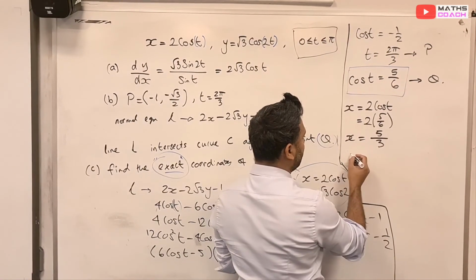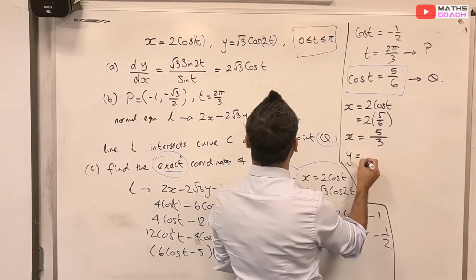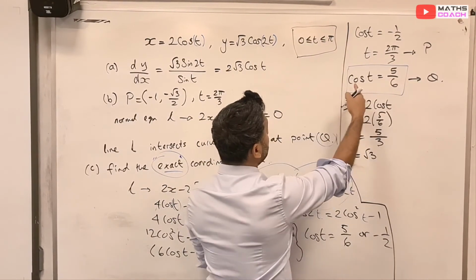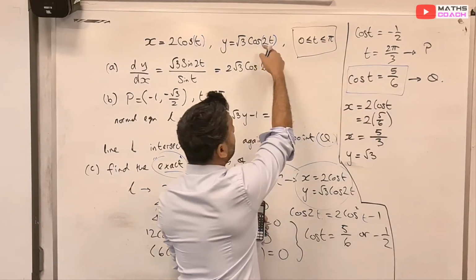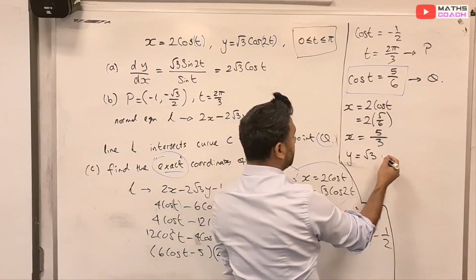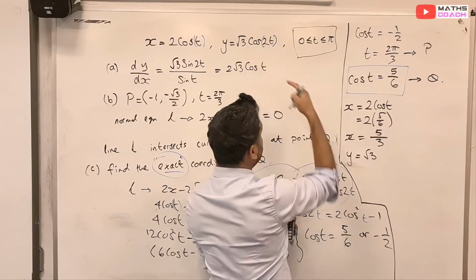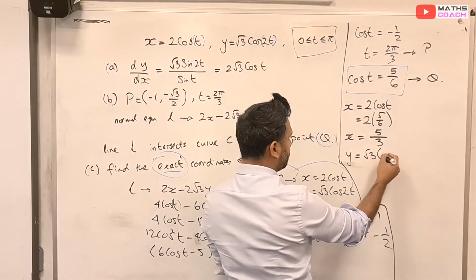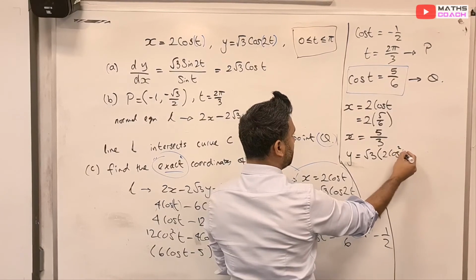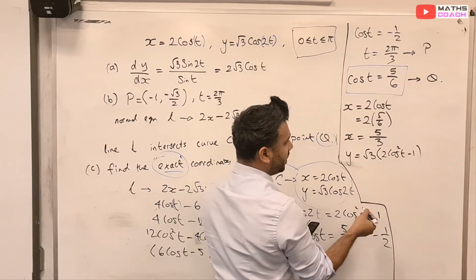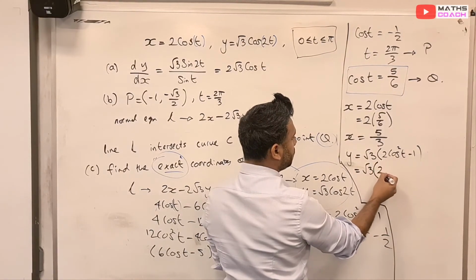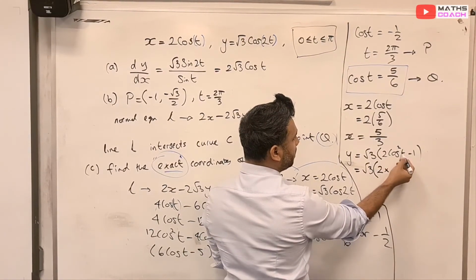Now to work out the y value, the equation for y is √3 times cos 2t. But if you notice, we have the cos t value, not the cos 2t value. So we now have to use the double angle formula again for cos 2t, and change that into 2 cos squared t minus 1. So that's √3 times 2 times cos squared of t.